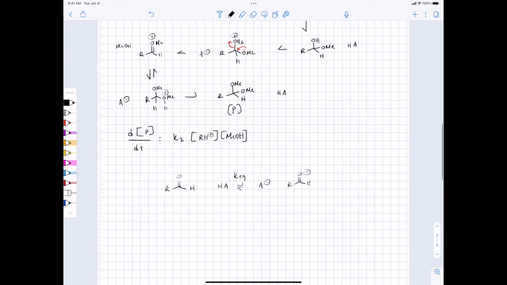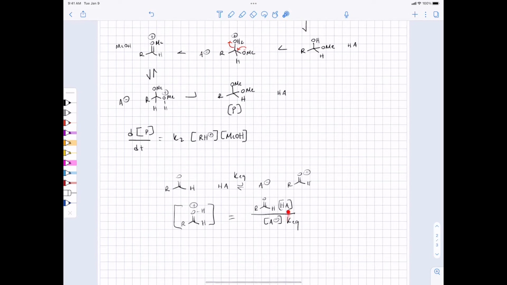And we can write the concentration of protonated aldehyde as aldehyde times acid times A minus divided by that equilibrium constant.